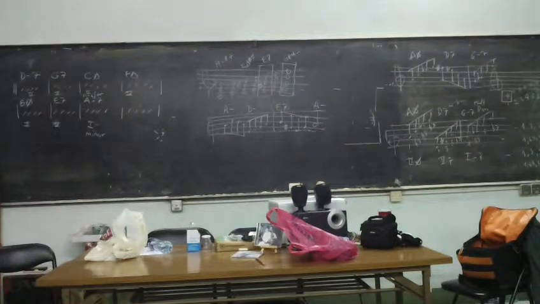Then the next 4 bars are B half diminished, which is the 2nd of the relative minor, then E7 and A minor. So what should we do when we get into the 5th, 6th, 7th, 8th bar?